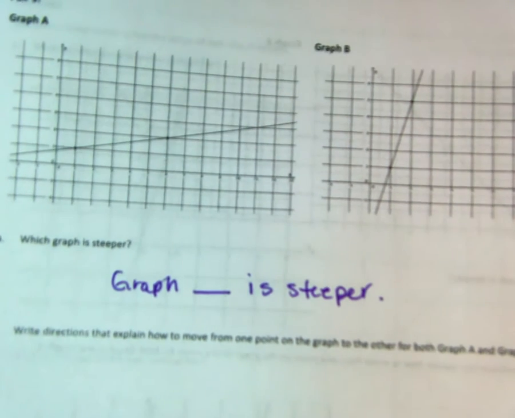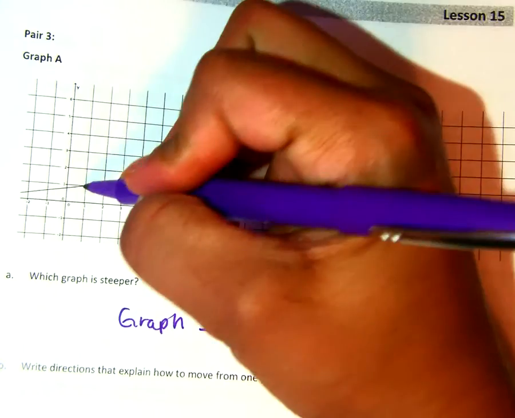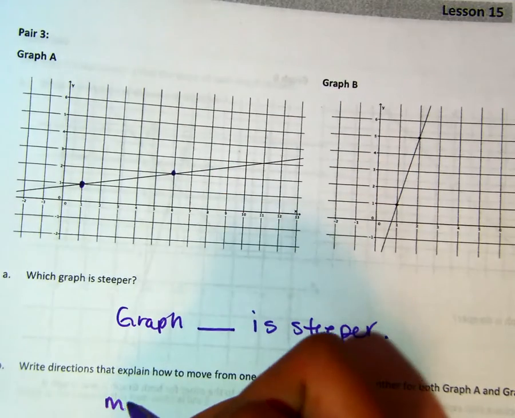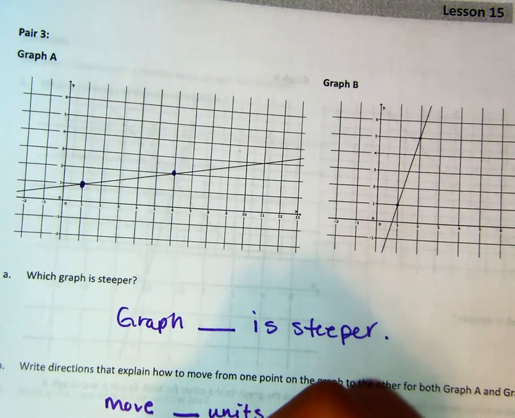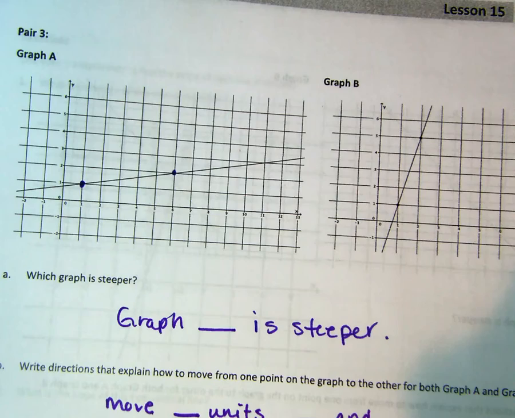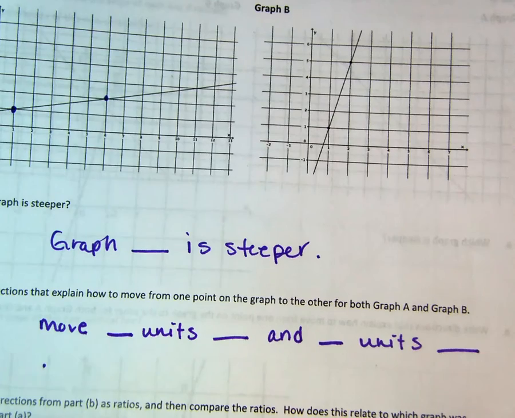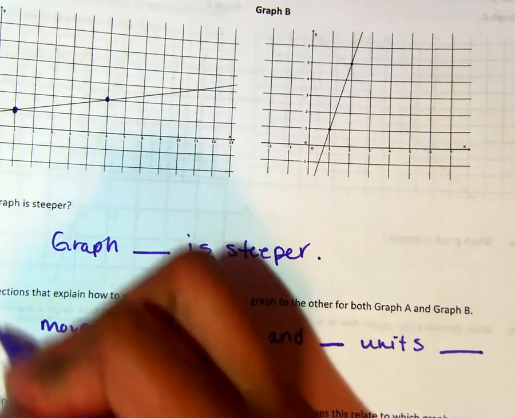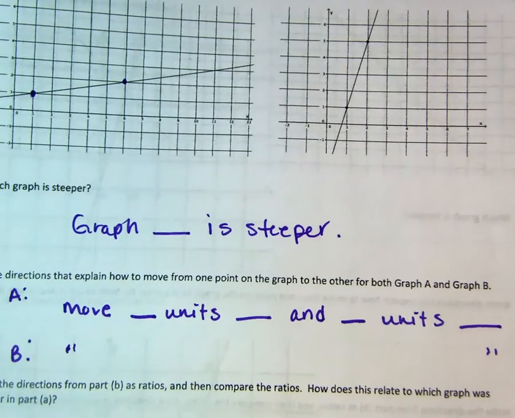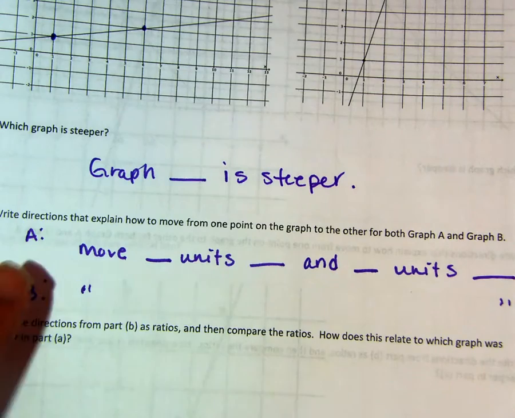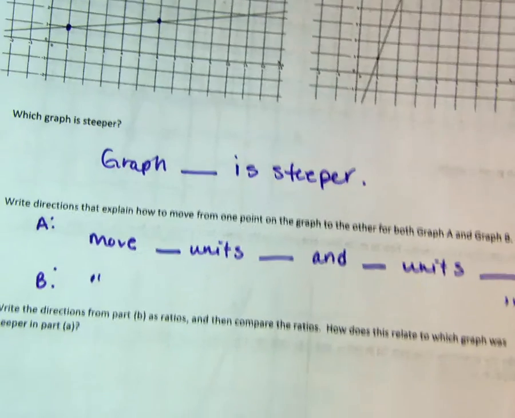Write the directions that explain how to move from one point to the other on graph A and graph B. Write the directions from part B as a ratio and compare the ratios. How does this relate to which graph was steeper in part A?